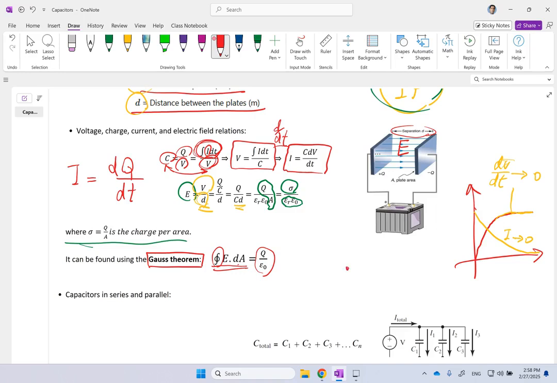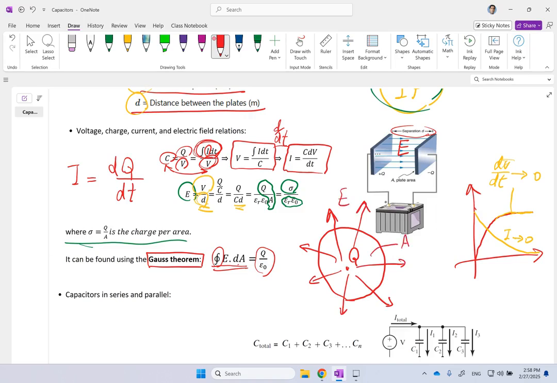So if I have some charge Q, and this Q creates some electric field which passes through some surface, that is your A. E dot dA is the normal electric field passing through these small elements.